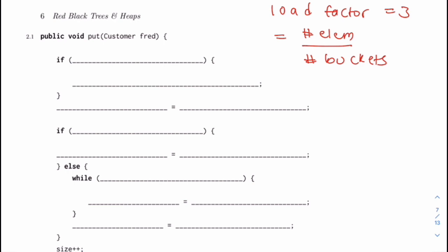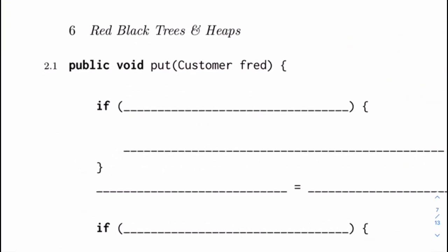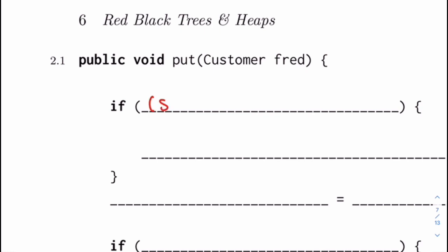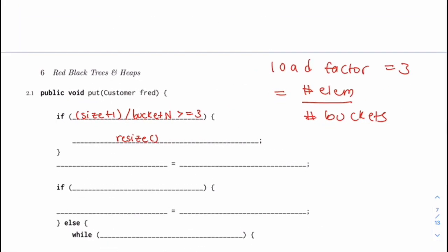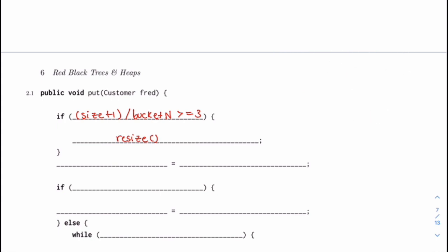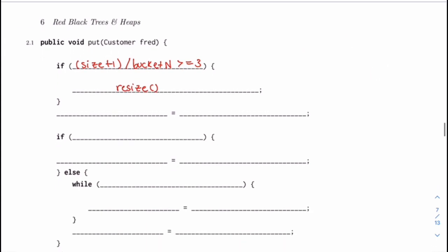So let's put this into code. If, after I add Fred, size plus 1 divided by the number of buckets is greater than or equal to 3, my load factor, then I need to resize. Okay, so now that's dealt with, we are good to actually start putting, okay?